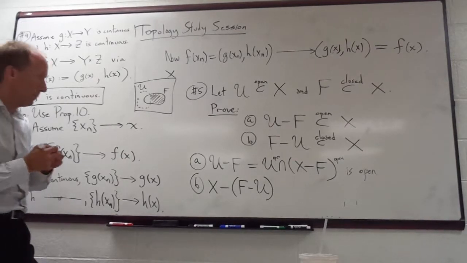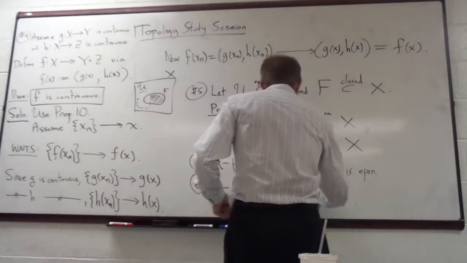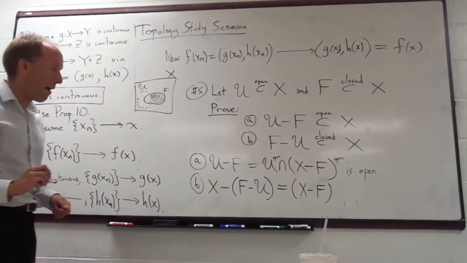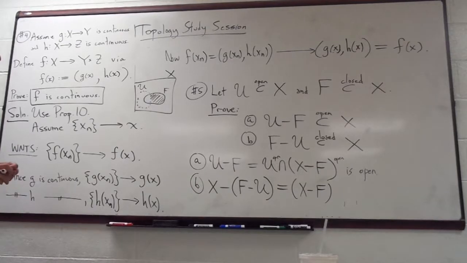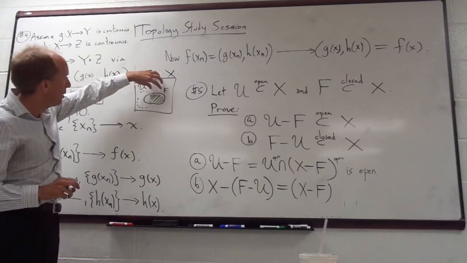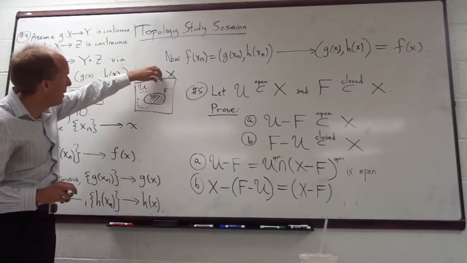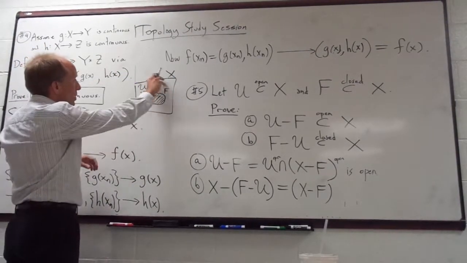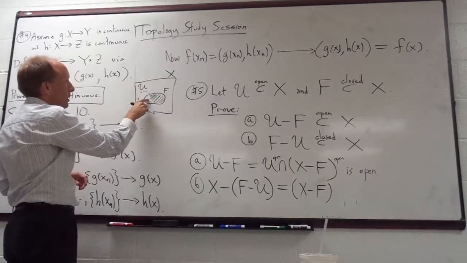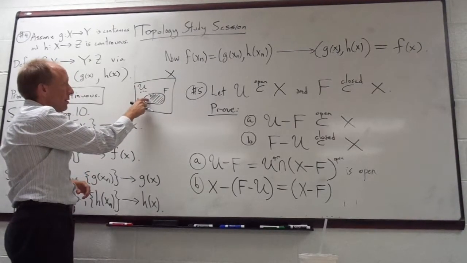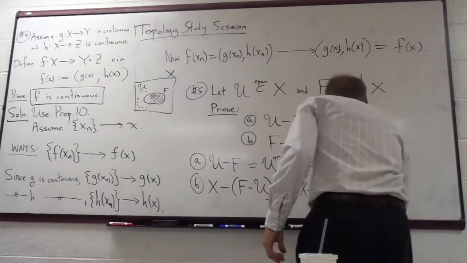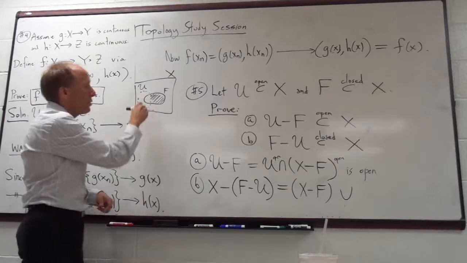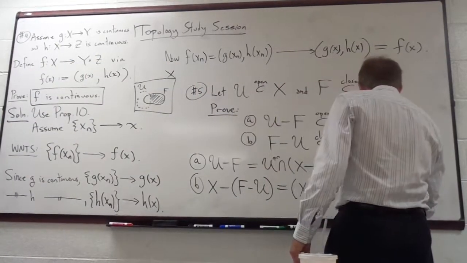X minus F. So X minus F would actually be just out here a little bit, right? It would be all the stuff in the white space, but it wouldn't get this part. Union. Okay, so I need to add a little bit more. Union the intersection of F and U. This would be the intersection of F with U, right?